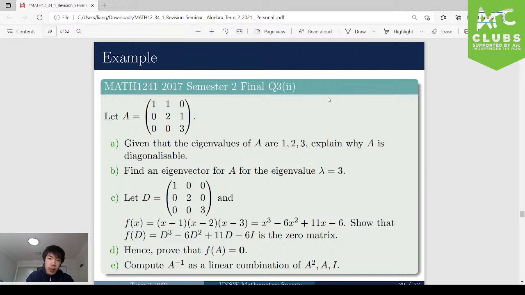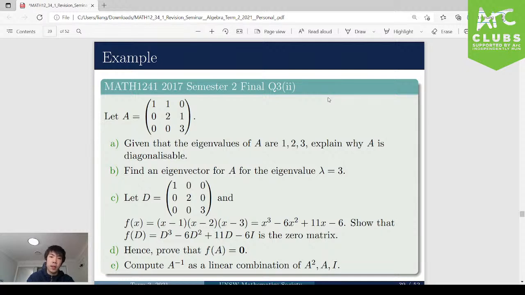If your matrix is a 3 by 3 matrix, and you have 3 distinct eigenvalues, 1, 2, and 3, then by the previous theorems we have learned, and recalling that every different eigenvalue gives a new linearly independent eigenvector, since we have 3 distinct eigenvalues, we will have 3 linearly independent eigenvectors.